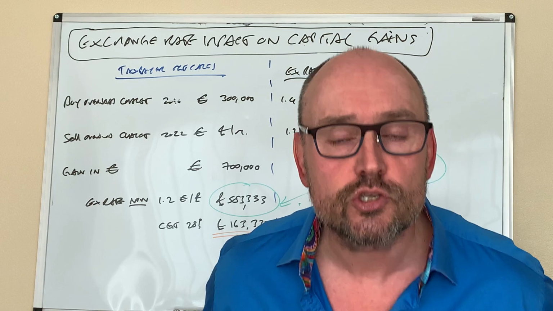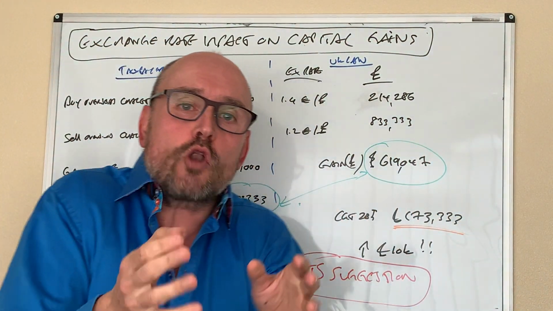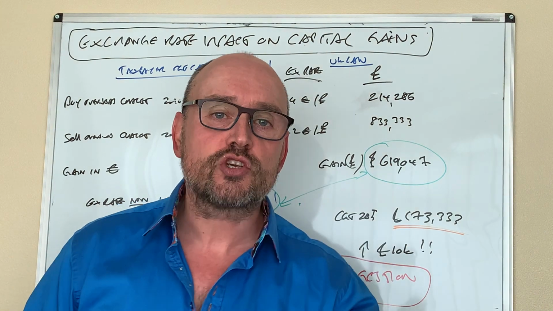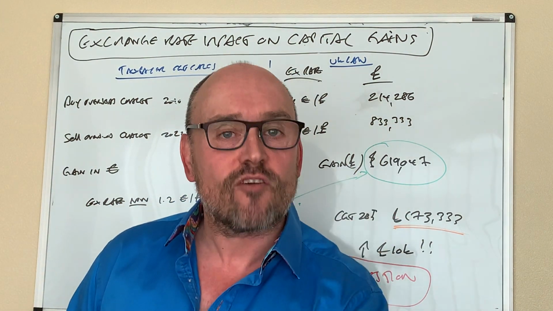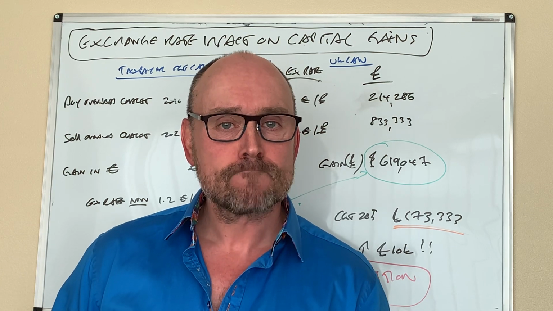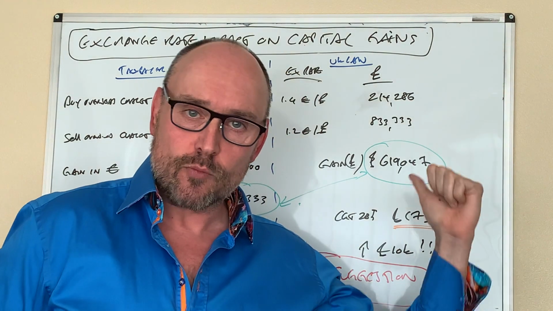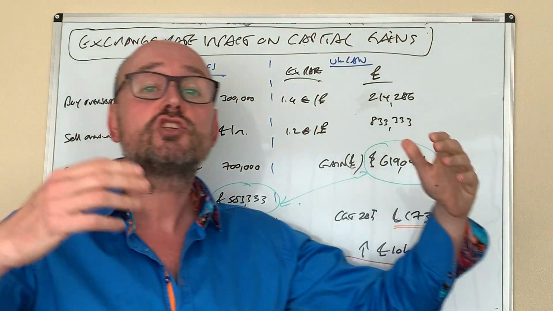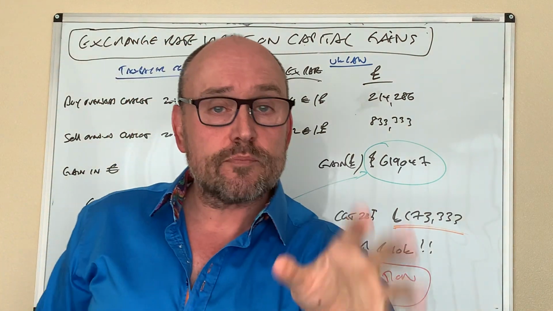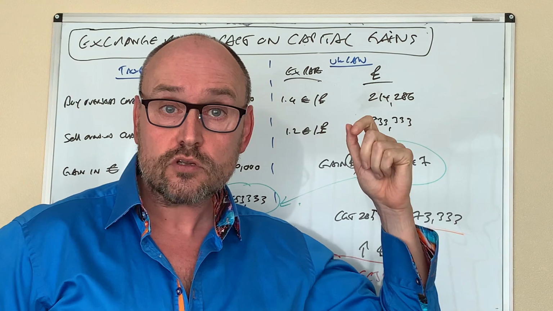So how do you do it? Well, this is the rule. What you have to do is convert the purchase price and the sales price into sterling at the date of purchase and sale. Okay, so let's just assume, and again, I've just made up these numbers for the point of the illustration, in 2010 the euro and sterling exchange rate was 1.4 euros to the pound.